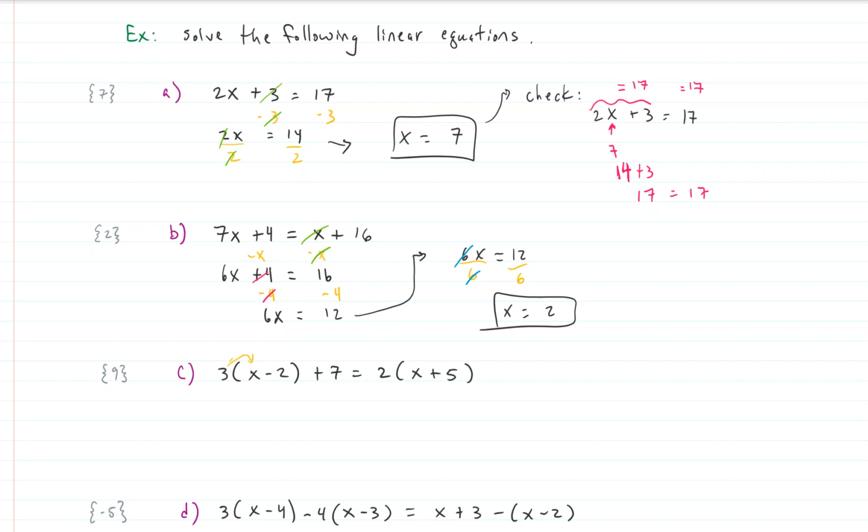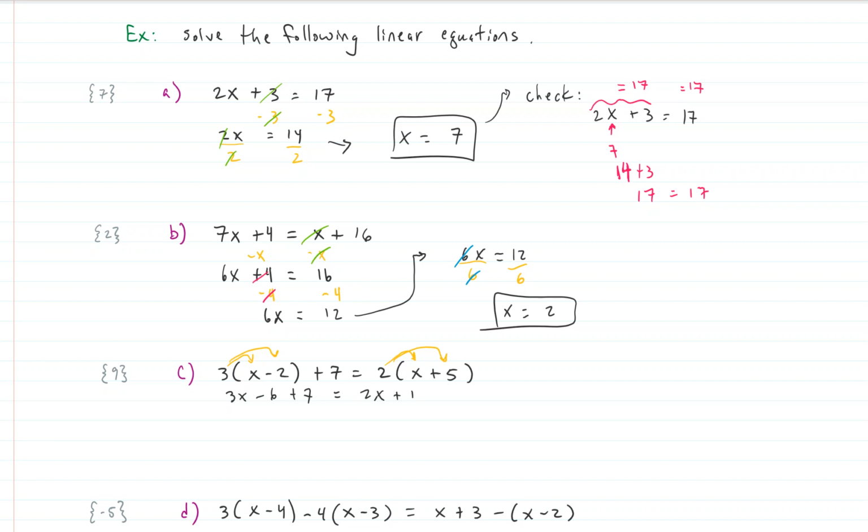So let's distribute the 3 through on the left and the 2 through on the right. 3 times x is 3x, 3 times negative 2 is negative 6, and then we have plus 7 equals 2 times x is 2x, 2 times 5 is 10.